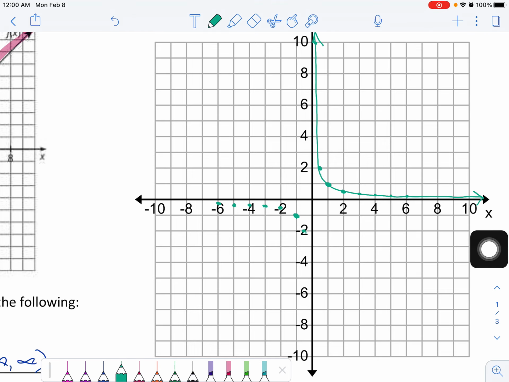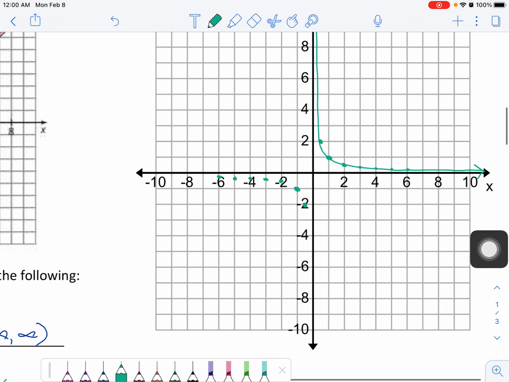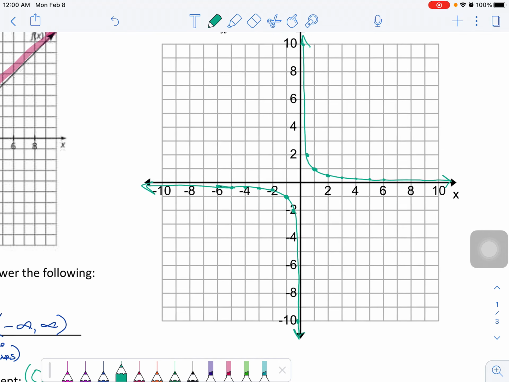So -1/2 would go to -2, and then -1/10 would be way down here at -10. Let me go ahead and curve through those, and I'll finish it out on the other side as well. So that's going to go this way.